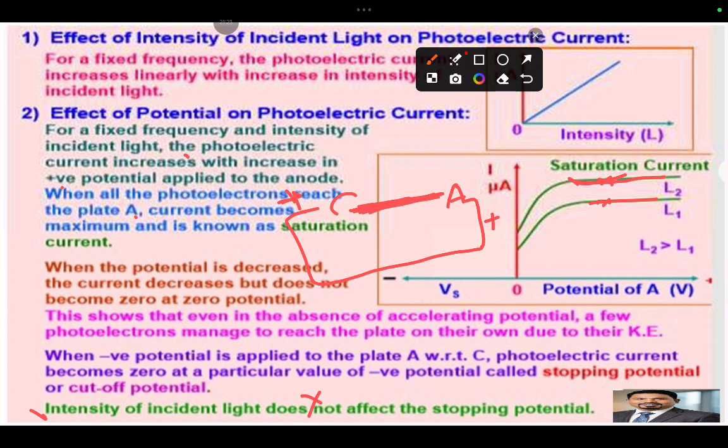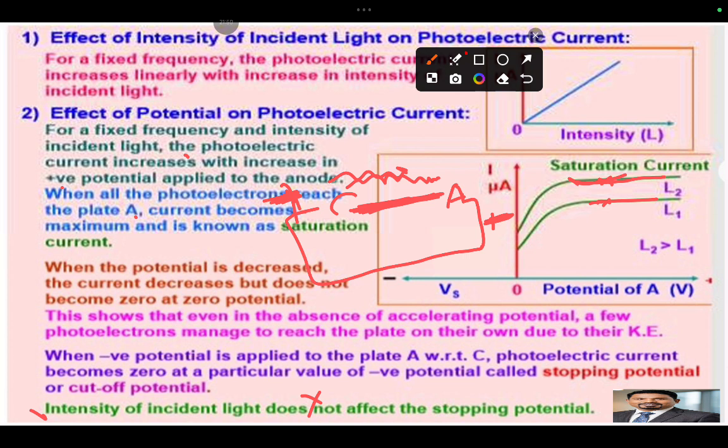But when we reduce the potential and shift so that the anode is negative and the cathode is positive, gradually these electrons slowly reach the anode plate in a delayed manner.